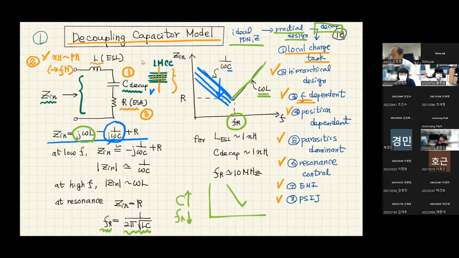If this is one impedance curve, and you increase C, then the resonance frequency will be reduced. So if you want to use these decoupling capacitors for higher frequencies, you have to use very small capacitors. That's why it is very frequency dependent.